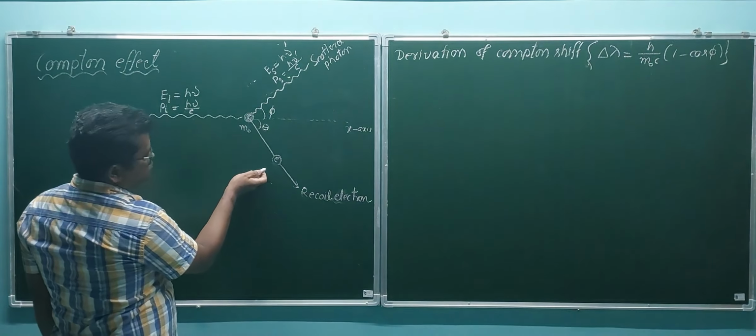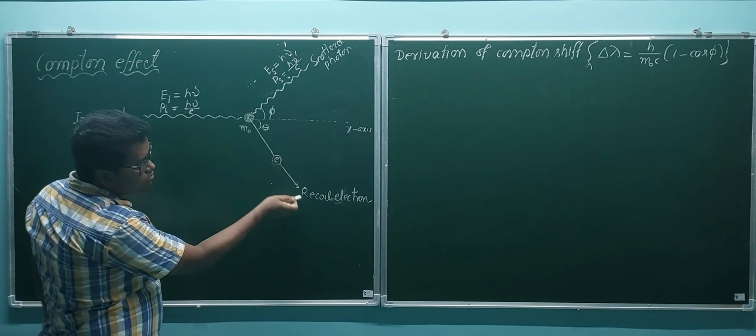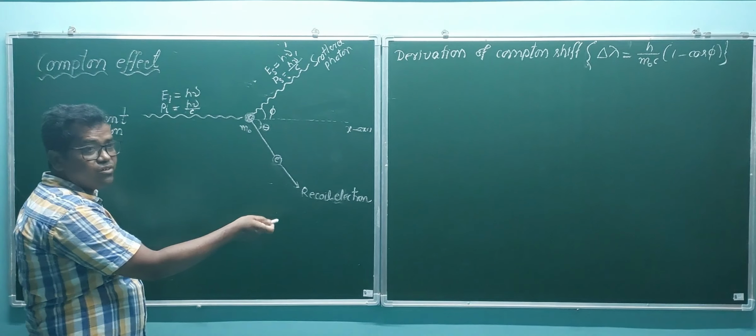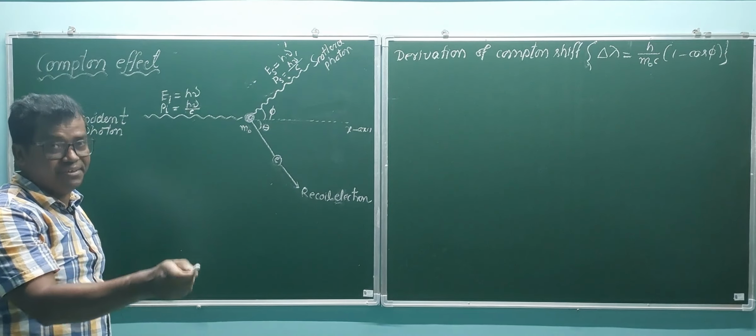Now, what is the energy of the recoil electron? That is relativistic energy.